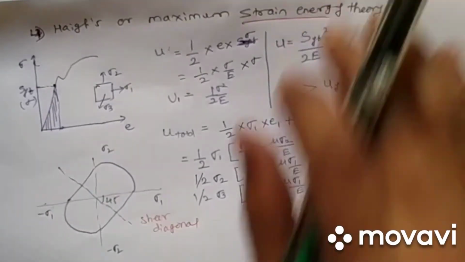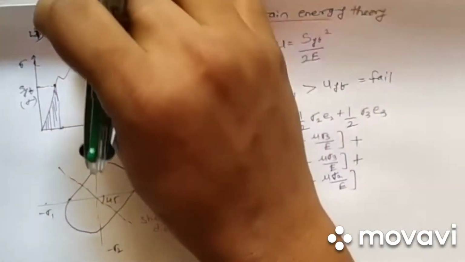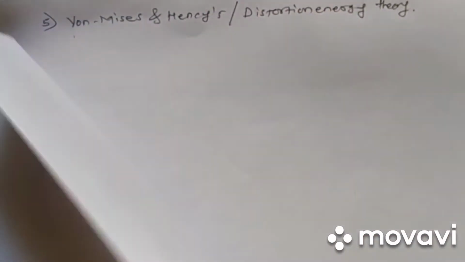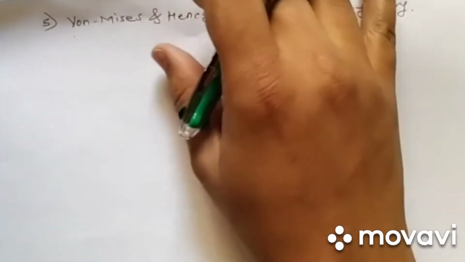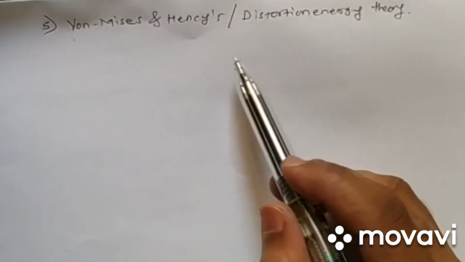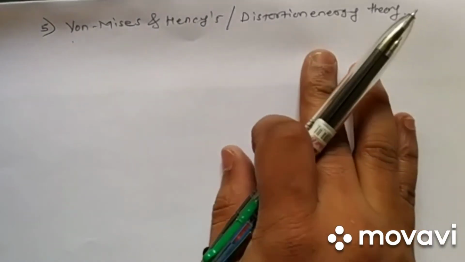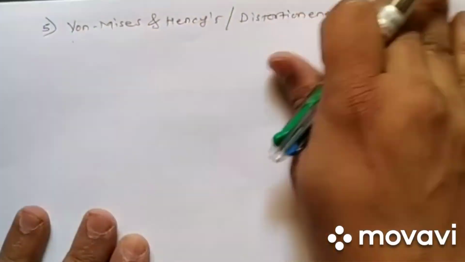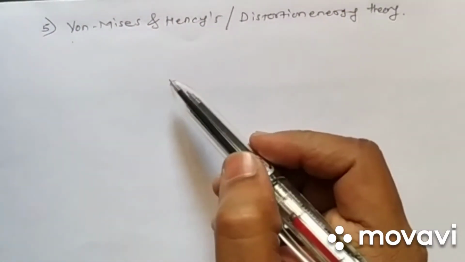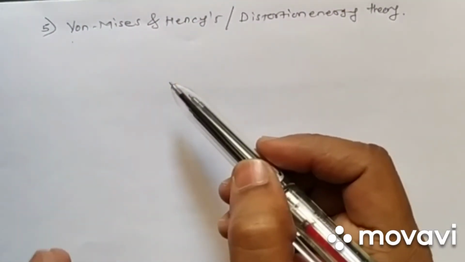It is valid for ductile materials only. Now the next theory is von Mises theory and Hencky's theory, also called the distortion energy theory. We have seen the total strain energy.